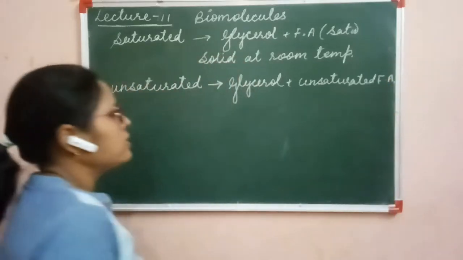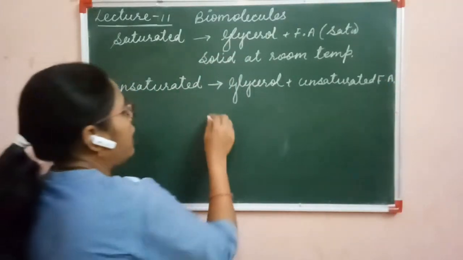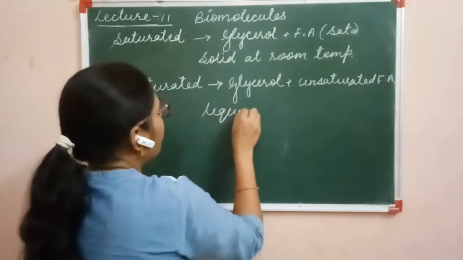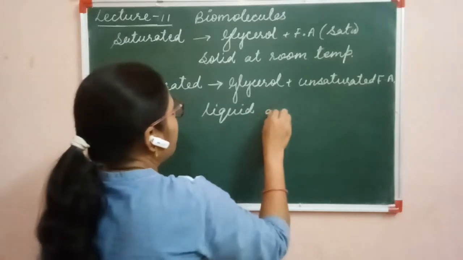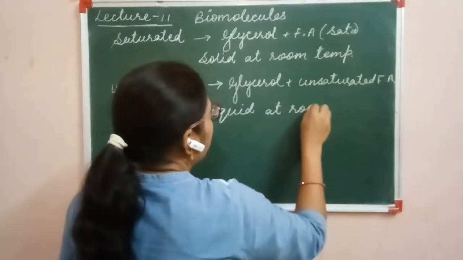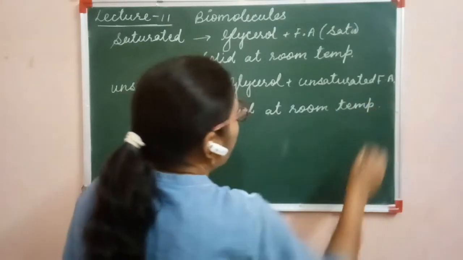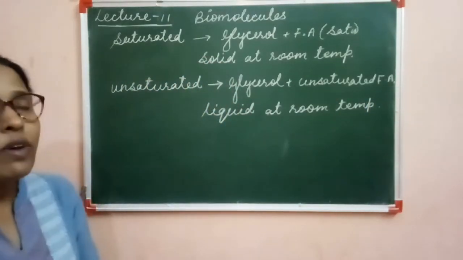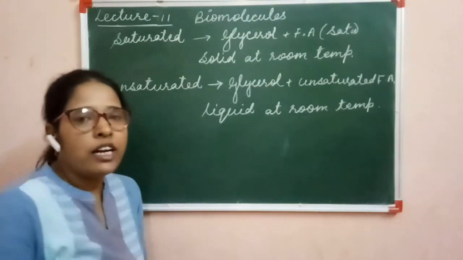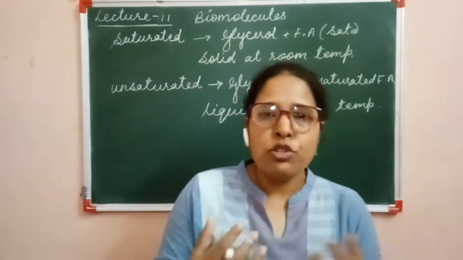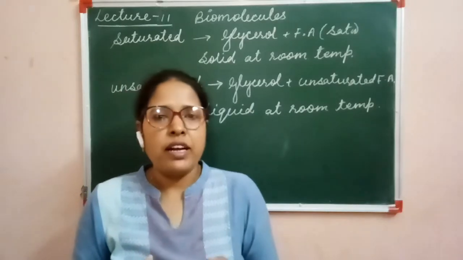So this is called unsaturated fat, and these are liquid at room temperature, and the bond between the carbon atoms may be a double bond or a triple bond. That's why they are called unsaturated fatty acids. We are consuming the unsaturated fatty acids.